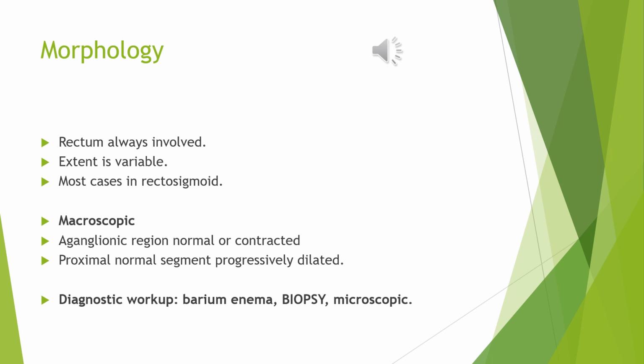The barium enema will help us in the typical characteristic feature of contracted aganglionic segment and a dilated normally innervated segment, but the gold standard for the diagnosis is the biopsy. Usually a rectal full thickness biopsy is used for diagnosis, in which we will establish the absence of the ganglion cells in the myenteric plexus and in the submucosal plexus.